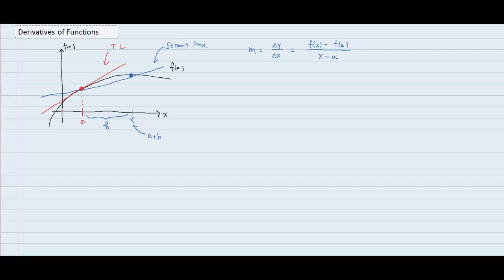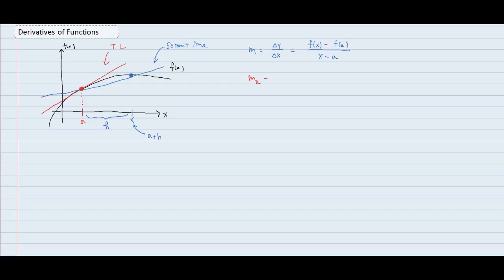But that fraction is only going to give us the slope of the secant line. In order for us to turn this into the slope of the tangent line, let's denote that as m sub TL to denote that this is the slope of the tangent line.